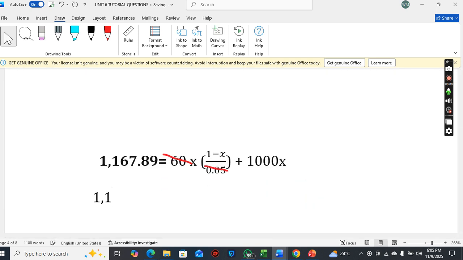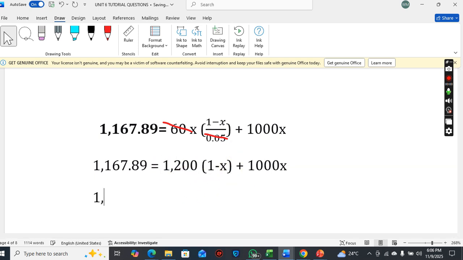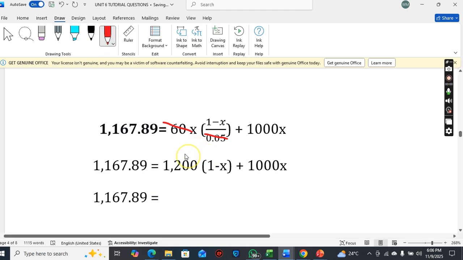So say 1167.89 equals 1200 times 1 minus x, plus 1000x. You expand this 1200 here. So you say 1200 times 1, you get 1200.